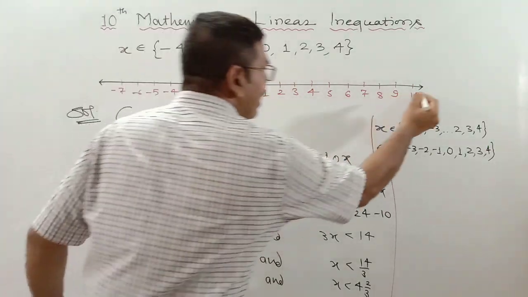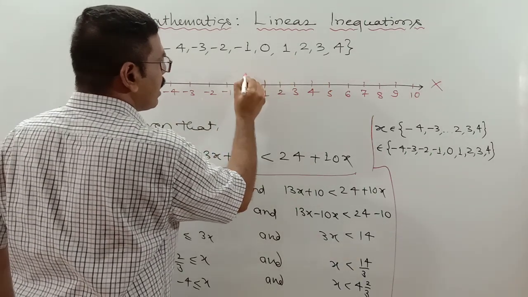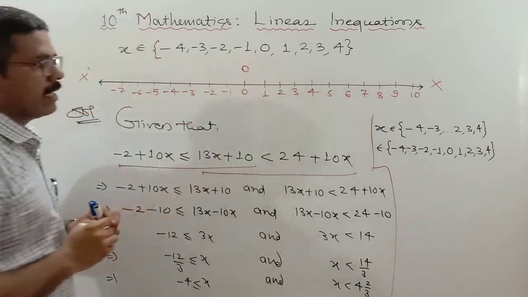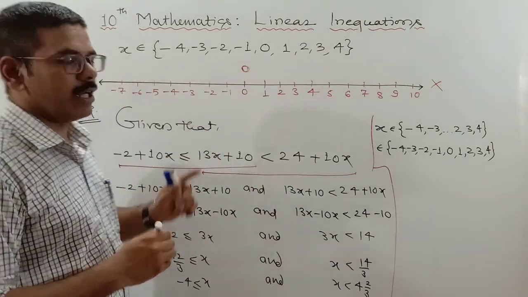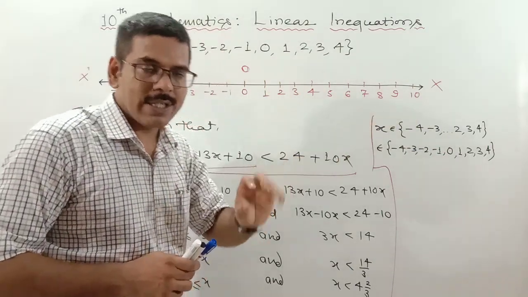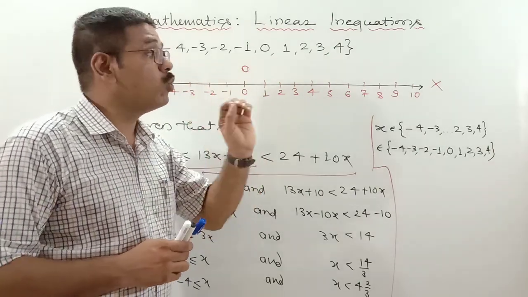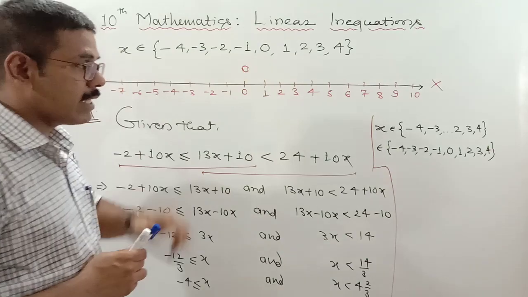The very first thing is that we name the line x'ox, this is x'ox. Very first we need to understand that. Then, arrows are compulsory at the corners. This is very compulsory, otherwise you will lose some marks. Is it clear?